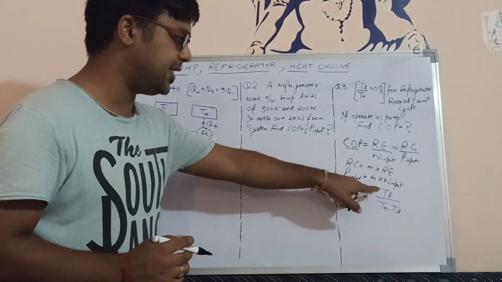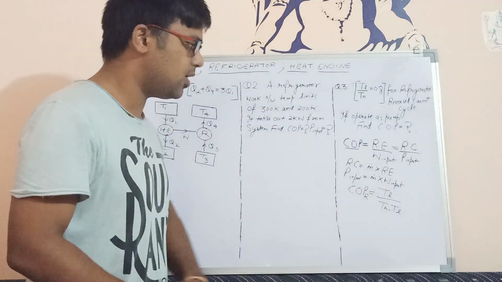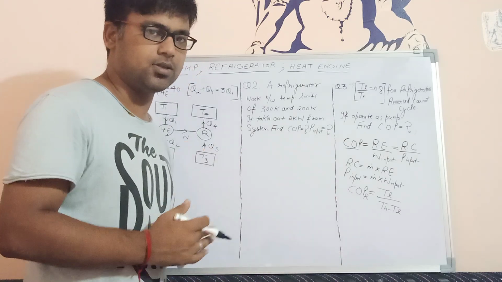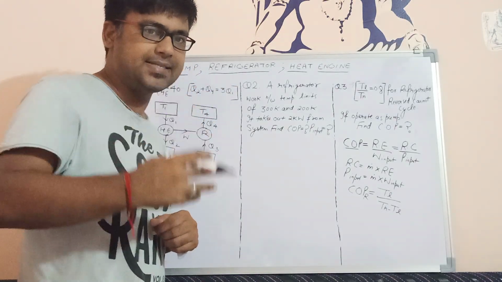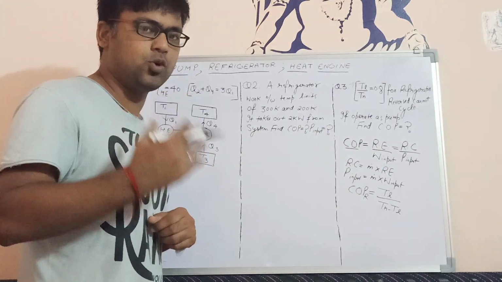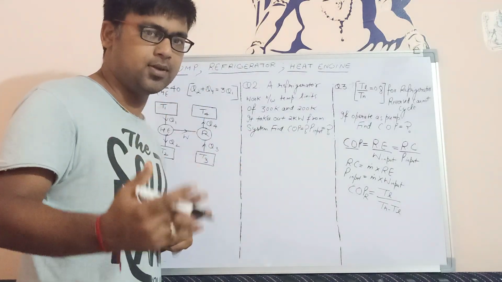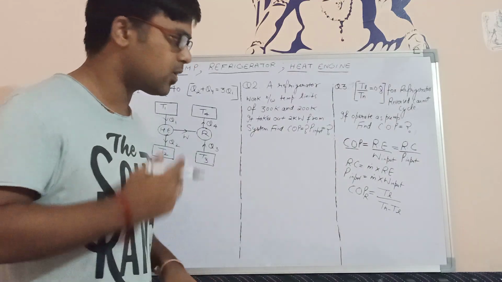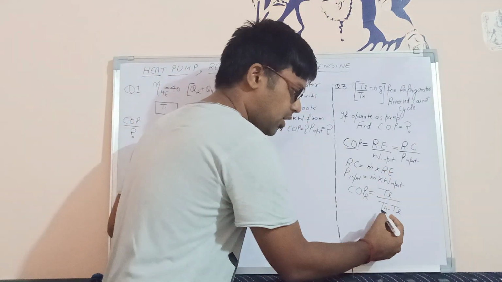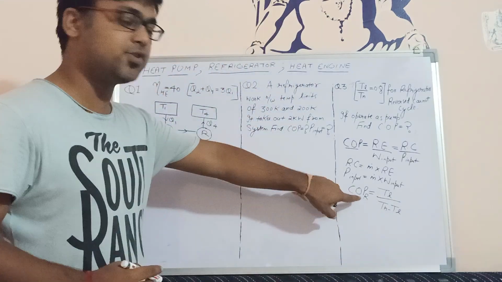Here TL stands for the low temperature and TH stands for the high temperature. So whenever temperature limits are given and it says our refrigerator works between two temperature limits on a reverse Carnot cycle, this is the formula: low temperature upon high temperature minus low temperature. This is for the refrigerator.